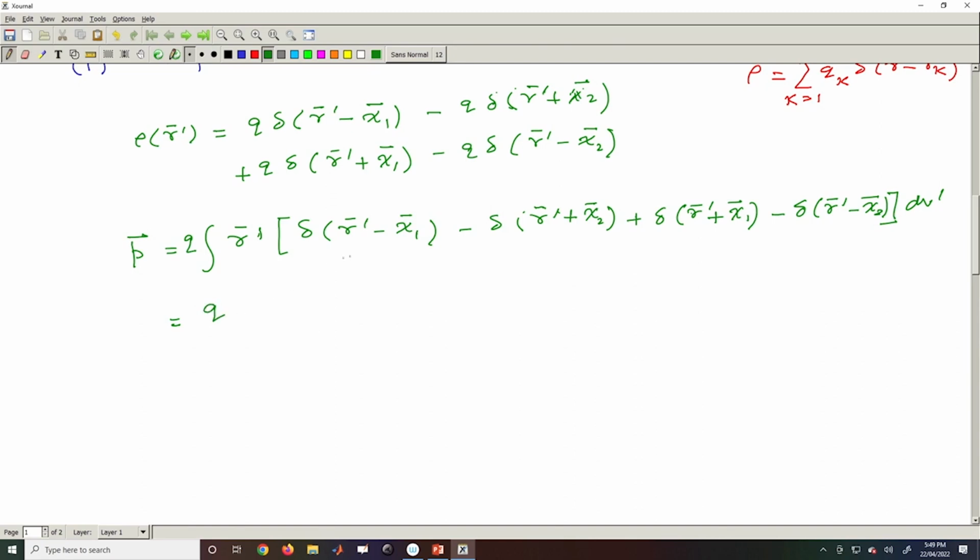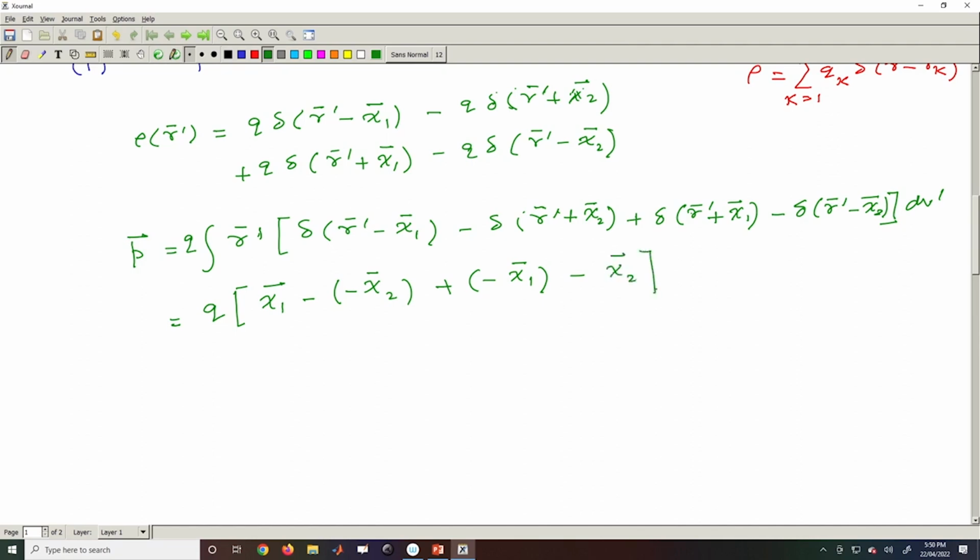Now, once we have the delta function, the rest is very straightforward, because I just need to put the value of r prime. So, I just replace r prime with the chi 1 vector. In this case I replace minus of chi 2, in this case plus of minus chi 1, and here minus of minus chi 2.